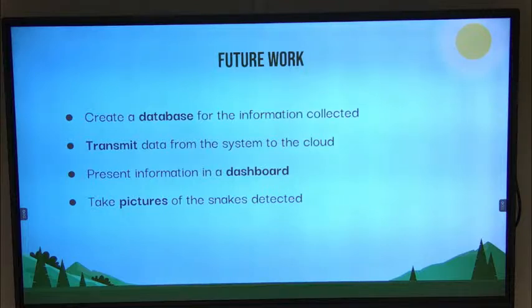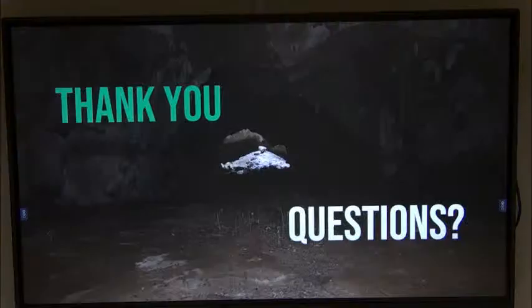We would also like to implement a UI system where we would have a database that would collect all the data from our transceiver unit, store it, transmit it to a cloud, and then show it in a good looking dashboard where we would provide additional pictures of the snakes by adding a camera to our sensor system. So that would be all for our presentation.